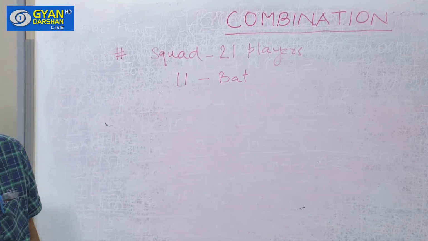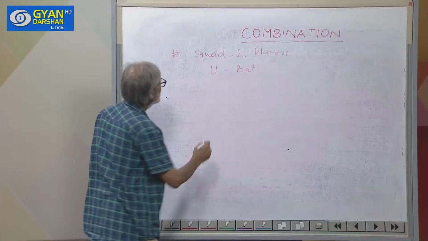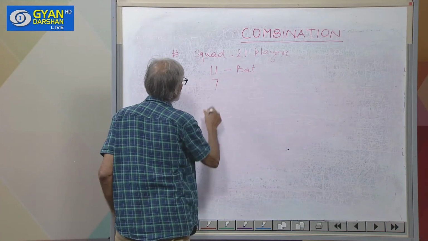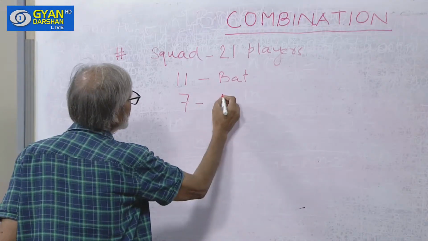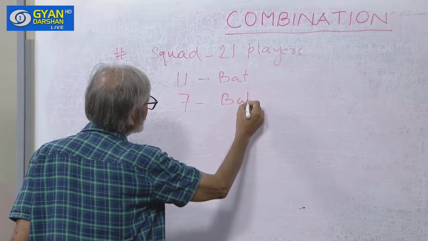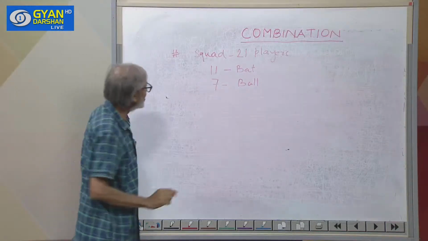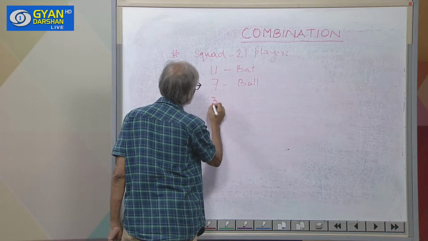From these 21 players, there are 11 batsmen, 7 say bowlers are there, and 3 wicket keepers are there.